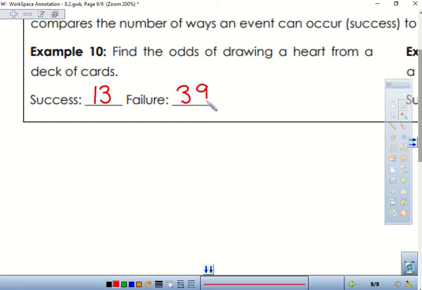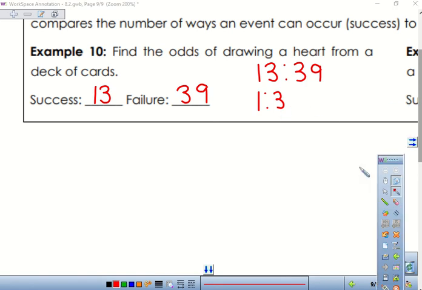So, your odds are 13 to 39 as a ratio, which you can reduce by dividing both items by 13, which means that it's a 1 in 3, meaning your odds are 1 in 3. You have a 1 in 3 odds of selecting a heart.